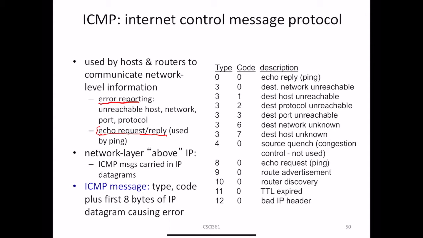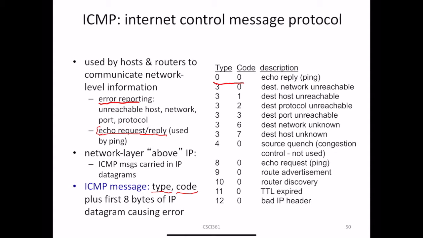And the ICMP message will contain the type, the code, and also the first 8 bytes of the IP datagram which caused the error. On the right side, we can see a list of examples of ICMP messages.